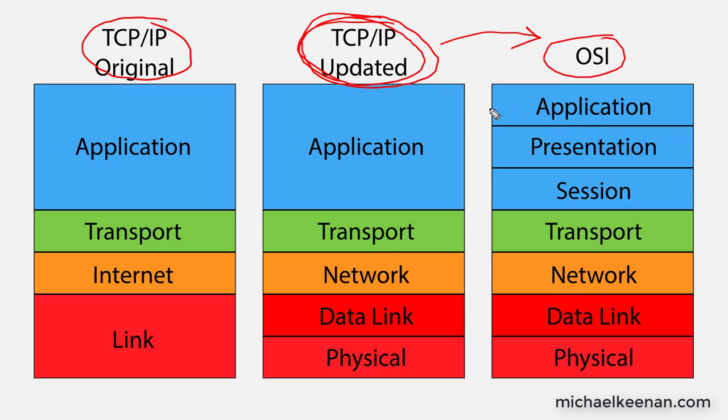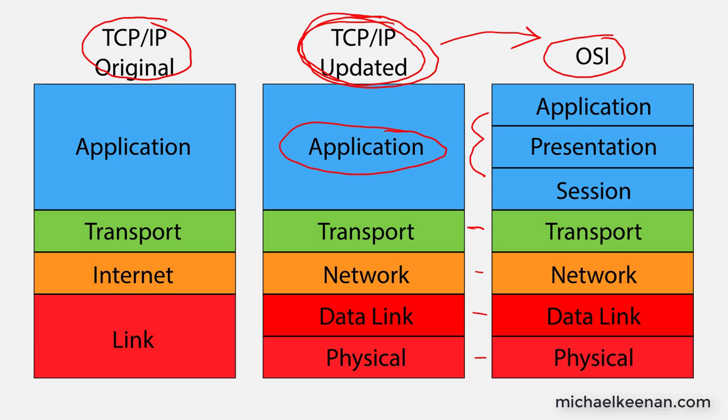Maybe a software engineer can break it down more easily, but from a network engineer perspective, it's hard to wrap your head around the application, presentation, and session layers. So what they did was they just combined them into the application layer. So the OSI model down here, you have the application, presentation, session, transport layer, which matches up with the TCP/IP updated model, the network layer, the data link layer, and the physical layer.